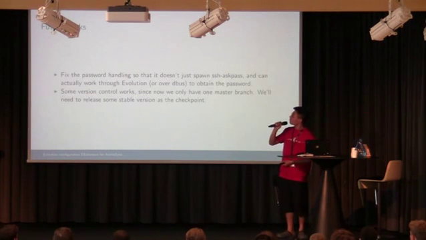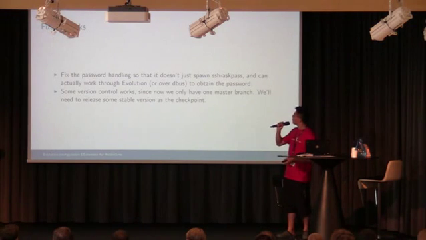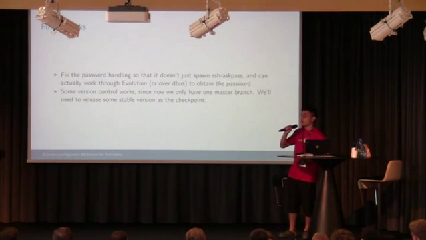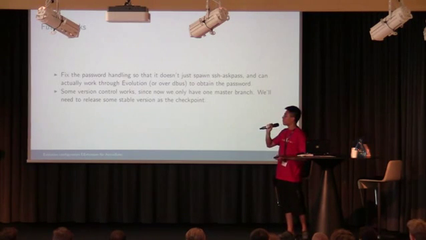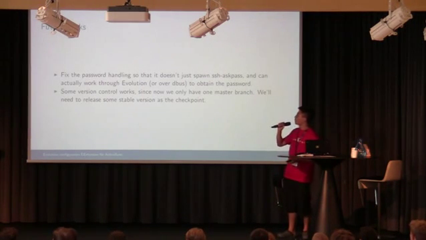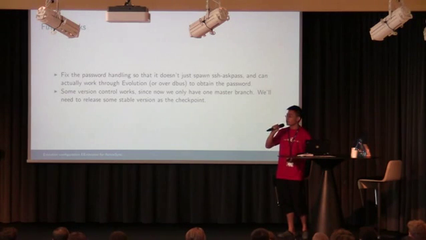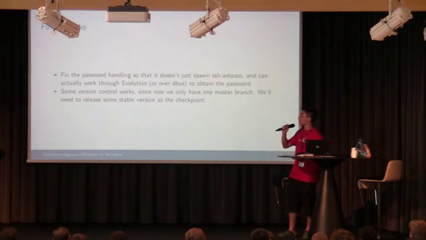And let's look at some future work. First, we have to handle the password things. We currently spawn SSH askpass to ask the user for the password, but we could actually get the password through Evolution itself, so we could work on that.